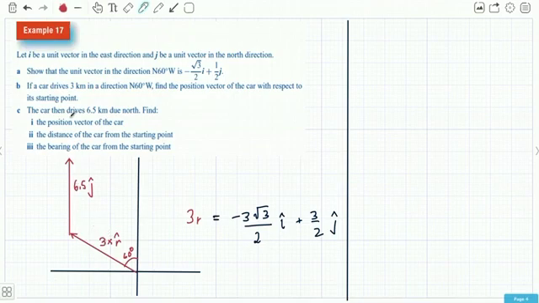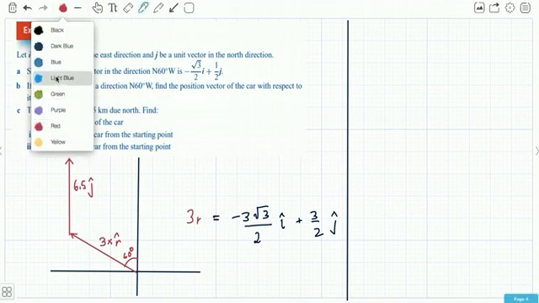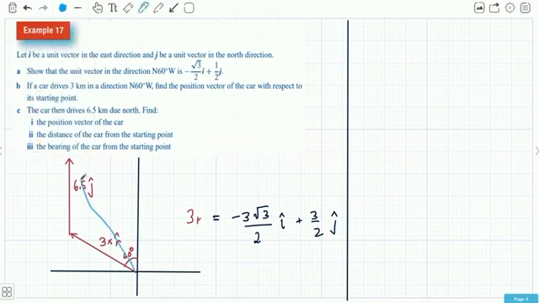So we're asked to find the position vector of the car. So I'm going to draw that in blue. That would be a vector that goes straight from the origin up to that point there. So if we think about constructing that now, we've really got this 3r vector, and let's call this vector r dash. r dash is made up of 3 lots of r plus this 6.5. 6.5 is 13 over 2 j.